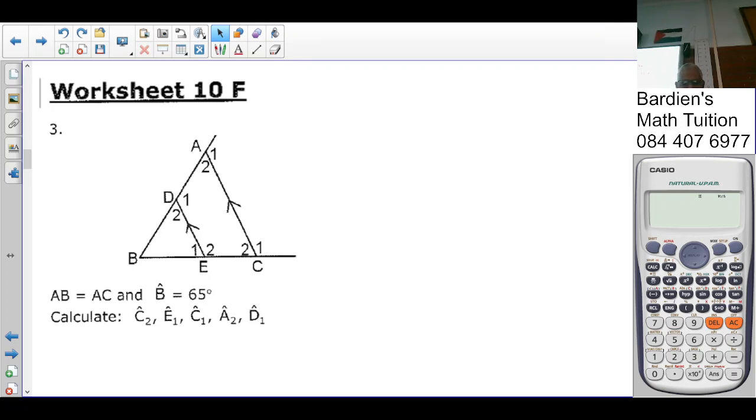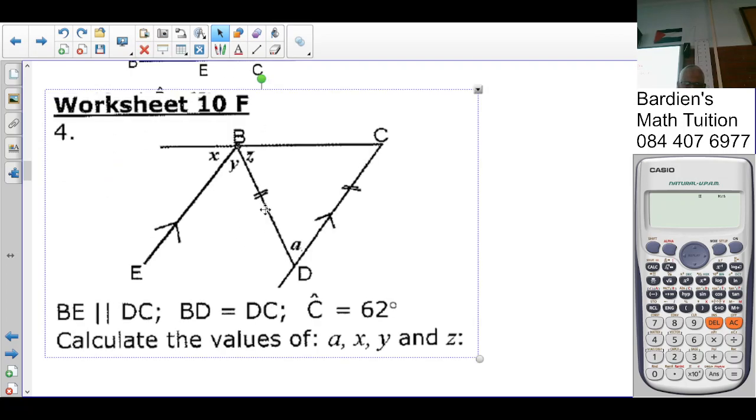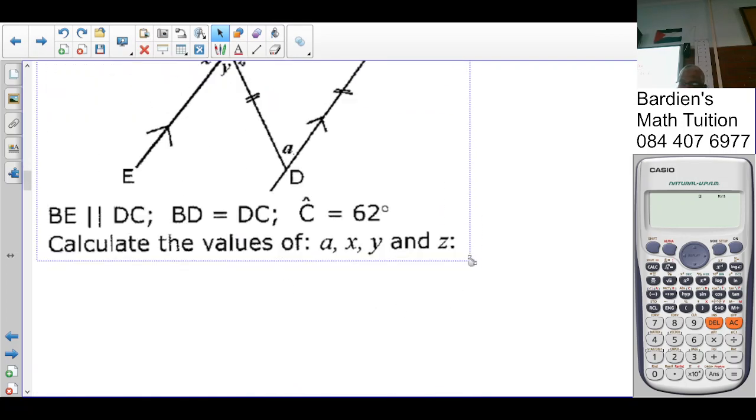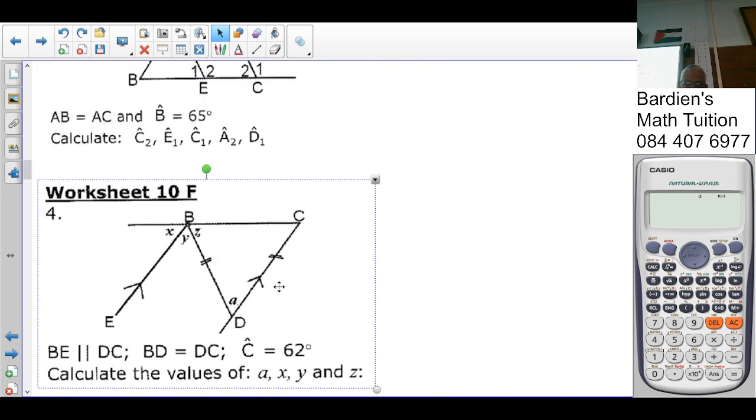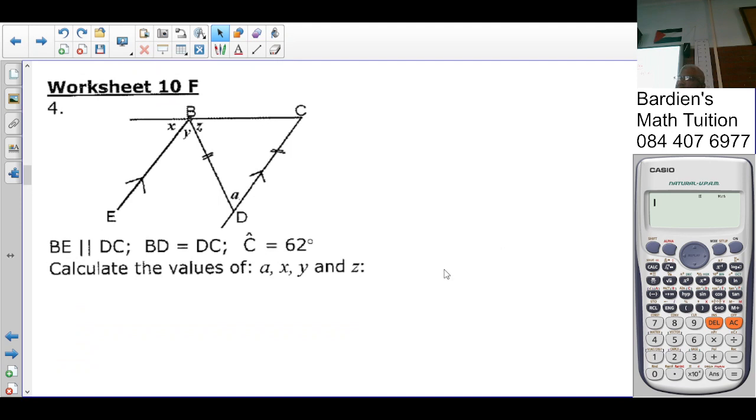So how did you find this worksheet of 10F? Still okay, still bearable. Still know what's going on, no? Tali, you still okay? So you had to do G as well?